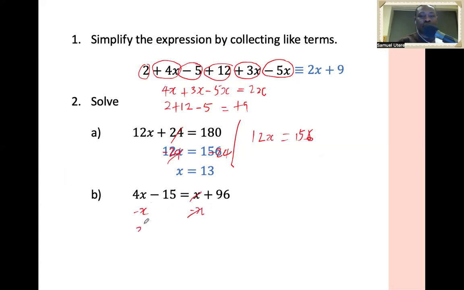Now we're left with 3x subtract 15 equals 96. And then we add 15 to both sides. That's now gone. So we're left with 3x equal to 111, and then we divide by 3, which will give us 37.